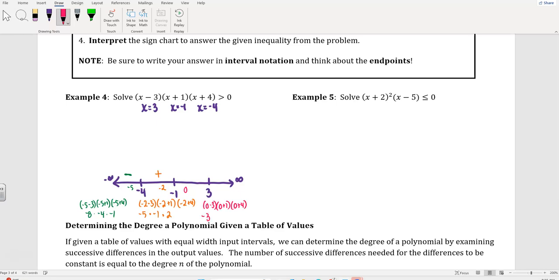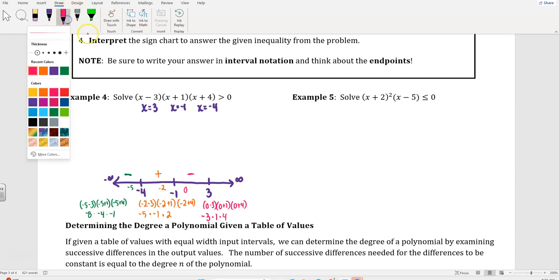So -3 times 1 times 4. So negative times positive is going to give me a negative number. I'm getting -12 right there. So a negative here.